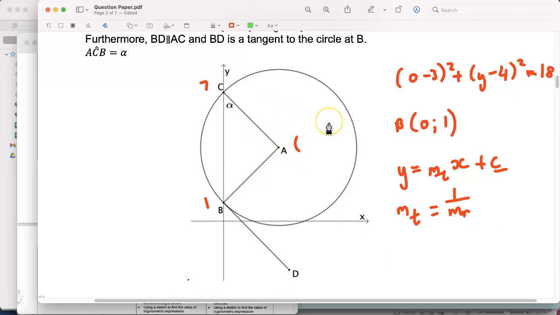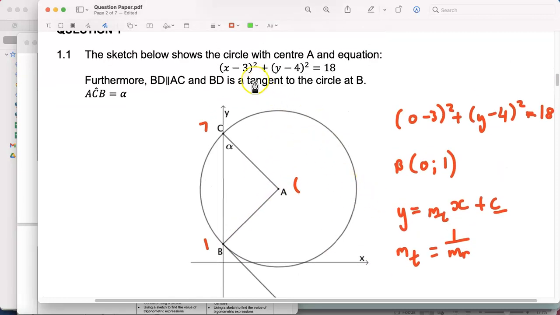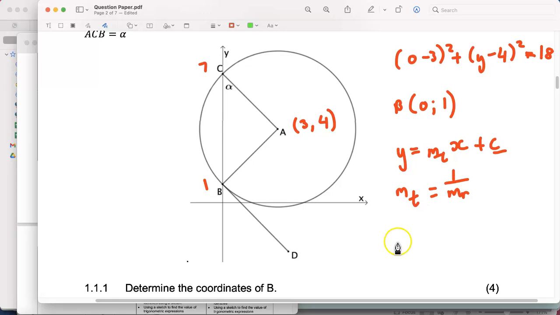The center we can read off from the graph is 3, 4. So all I need to do is find that gradient. So the gradient of the radius, there were other ways to do this, by the way, is between the points 0, 1 and 3, 4.